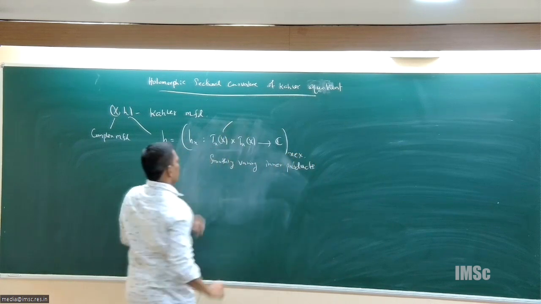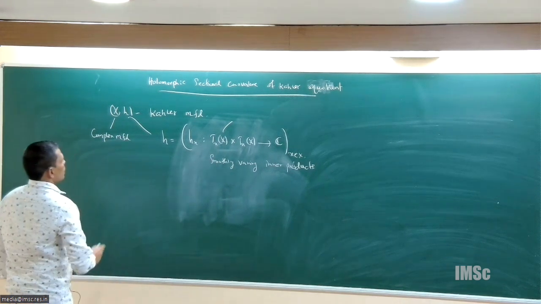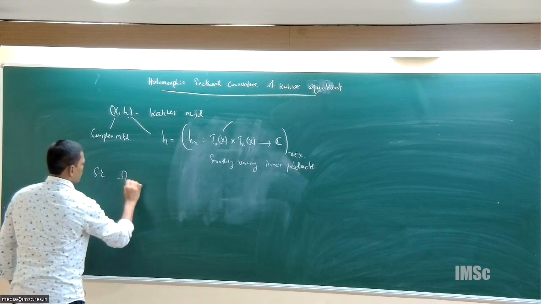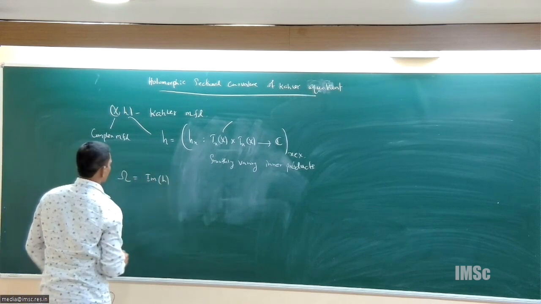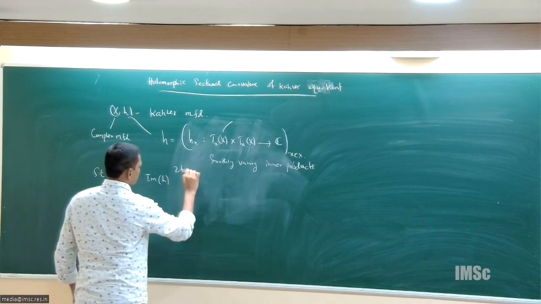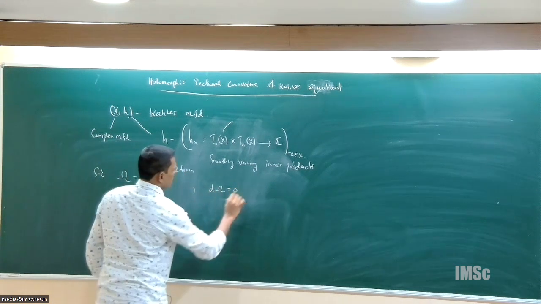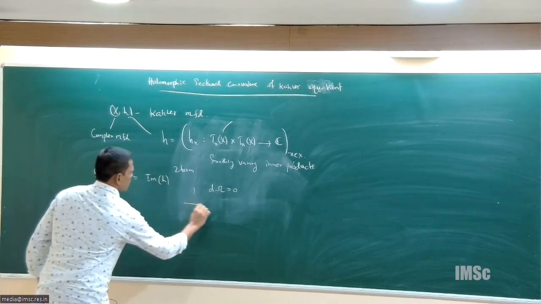This is the collection of tangent vectors, the tangent space, a complex vector space, and also such that we take the imaginary part of this metric. This is a two-form. This two-form should be closed, meaning the exterior derivative is 0. This is the definition of Kähler manifold.